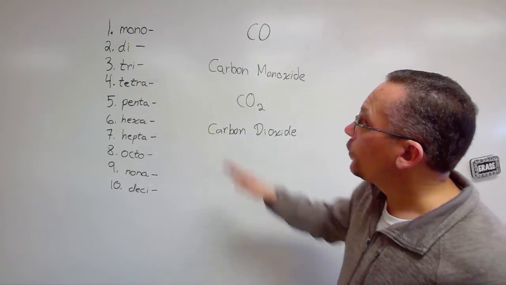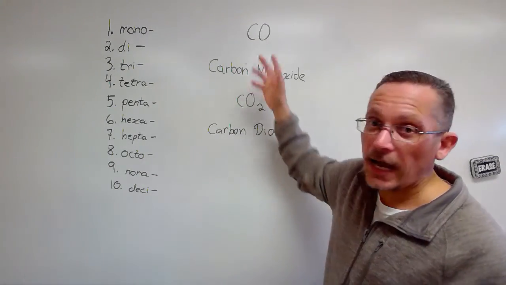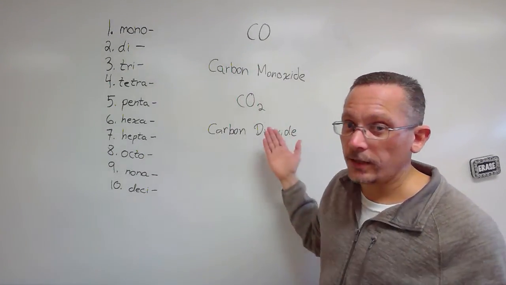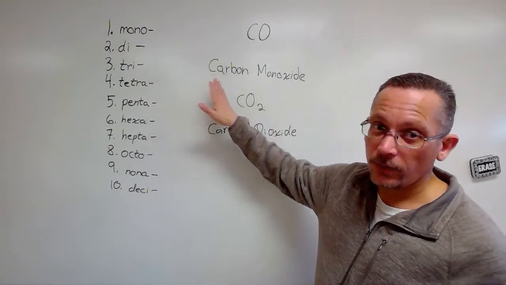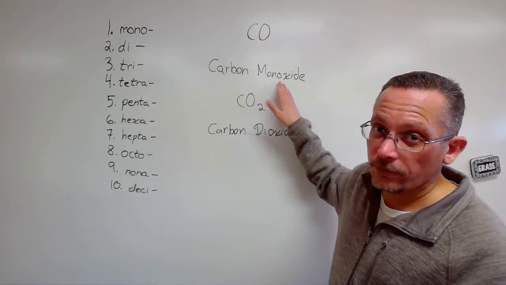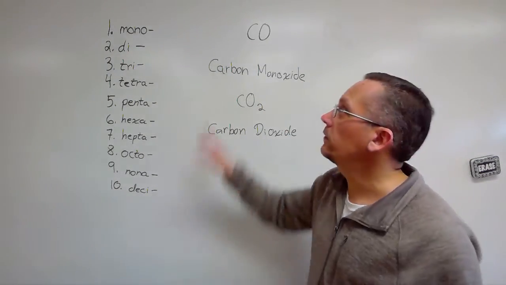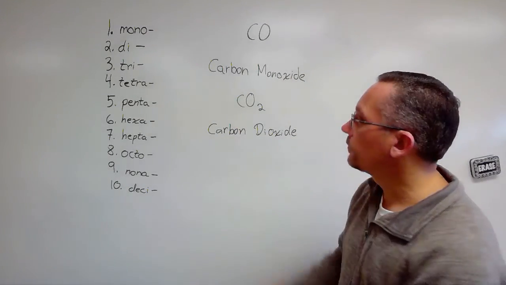Okay, so you can see we use the prefix to indicate how many of each atom are in there. We don't use mono on the first word. And then we always use a prefix on the second word and change the end of it to ide. So instead of oxygen, oxide, right?